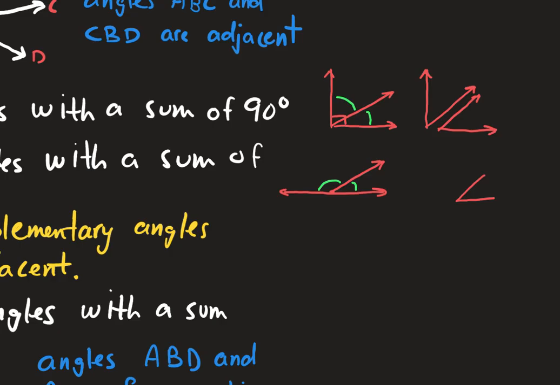Now, like complementary angles, for supplementary angles I could have something like this, and then I could have another angle like this, with the goal that I'm trying to make a straight line right here. But I'm also trying to make the point that these are two angles with different vertices.